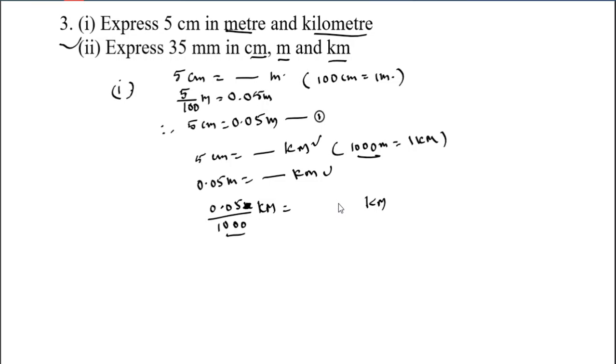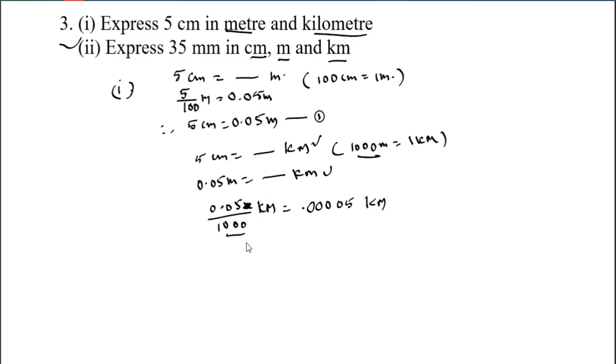Here 05 is there, so 0.05. How many places do we want to shift? 3 places: 1, 2, 3. So write 3 zeros. Why? Because only 2 places are there. Now you put the decimal point. Here there are no digits, so put some more zeros. I kept 3 zeros because we have to move 3 places. In 1000, 3 zeros are there.